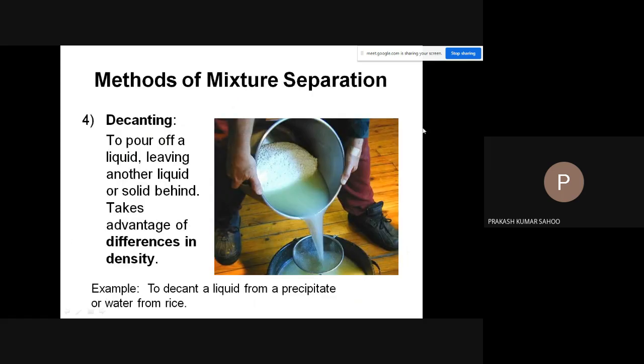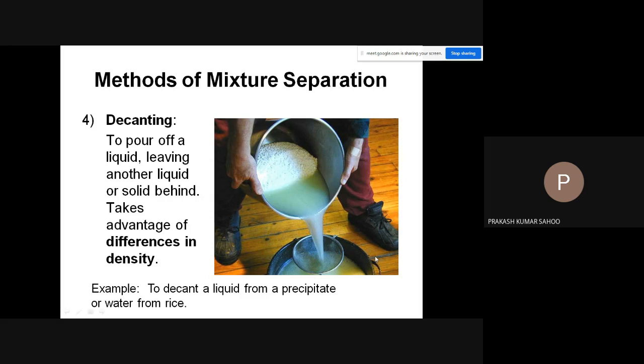This is the method of decantation. You just incline the container and separate the upper liquid, and you have the bottom solid part separated by the process of decantation. So decantation is to pour off a liquid, leaving another liquid or solid behind. If two liquids are there, then on the basis of density, the one with higher density will be at the bottom, and the one with lower density will be at the upper part of the mixture.